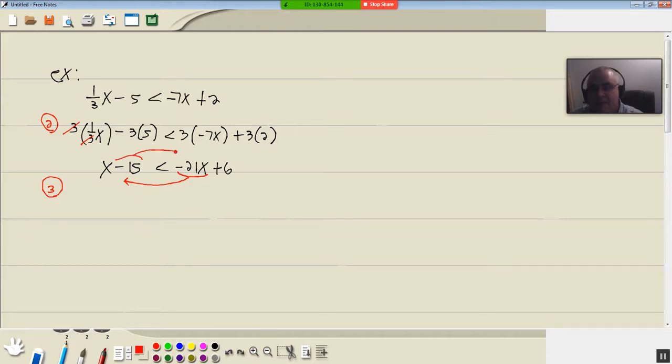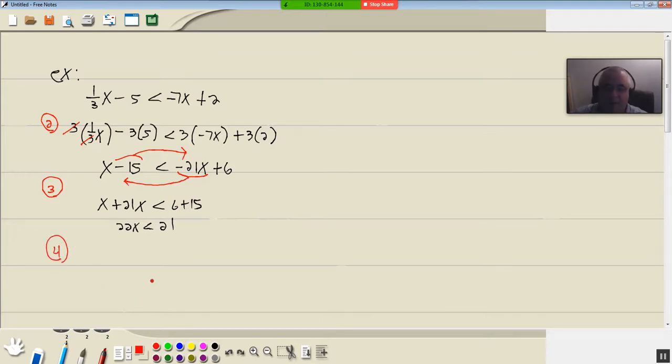And I'll take this negative 15 and move it over to the right side. So I'm going to have x plus 21x is less than 6 plus 15. Combine like terms at any step. X plus 21x is 22x. 6 plus 15 is 21. Well, that almost came out perfect.